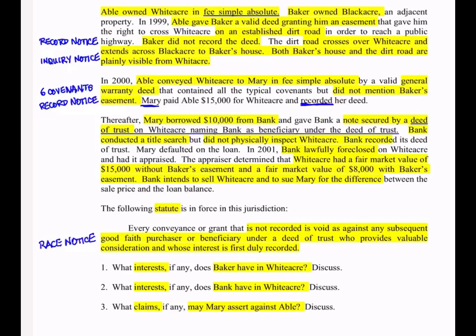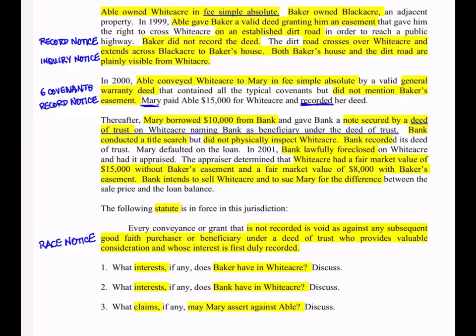So the main issue in the first call is whether Mary is a bona fide purchaser for value without notice. And we know that she is not, because although she didn't have actual notice or record notice, she was on inquiry notice. So the fact that she was the first to record doesn't extinguish Baker's easement because she was not a BFP without notice. So Baker has his easement.